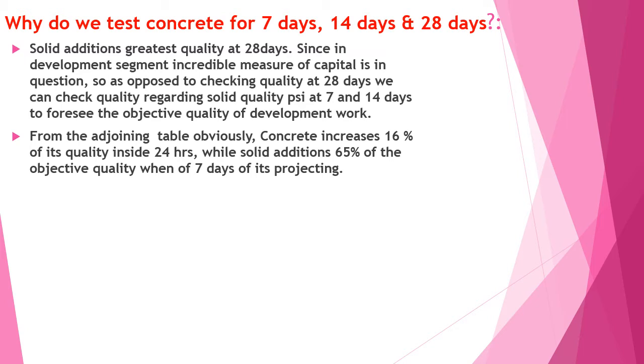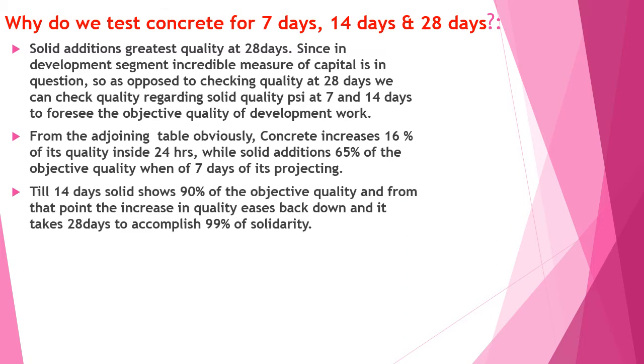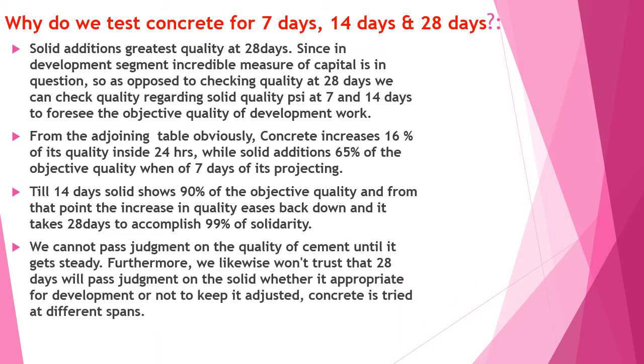From the adjoining table, it is clear that concrete gains 16% of its strength within 24 hours, while it attains 65% of the target strength at 7 days of its casting. Till 14 days, concrete shows 90% of the target strength, and from that point the increase in strength slows down, and it takes 28 days to achieve 99% strength.